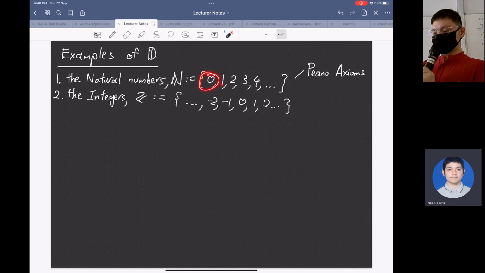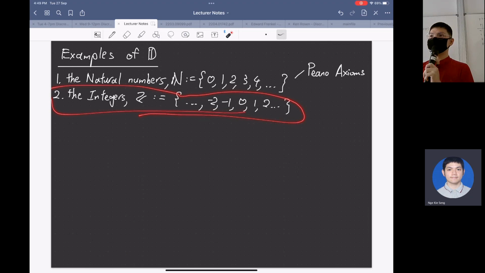And the 0 here, like what I mentioned just now, is an identity. So every number plus 0, you get back itself. But is there anything that added to a positive number gives you back 0? It's the negative number. That's why we introduce the integers here.